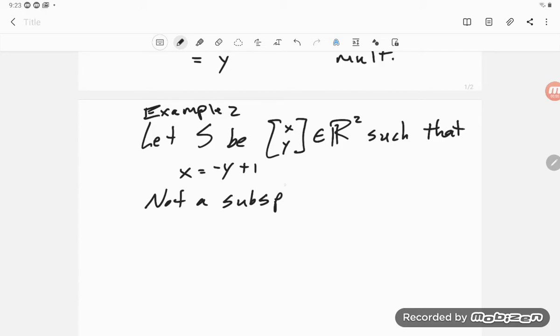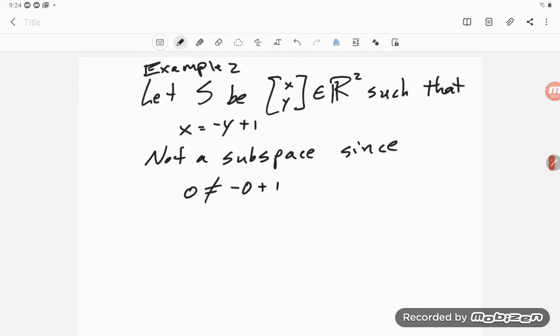This is not a subspace since the 0 vector doesn't work, right? Since 0 is not equal to negative 0 plus 1.